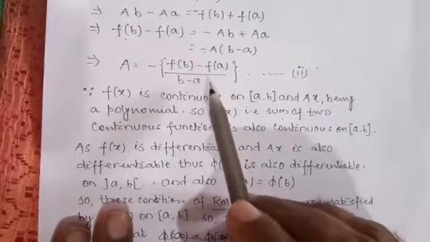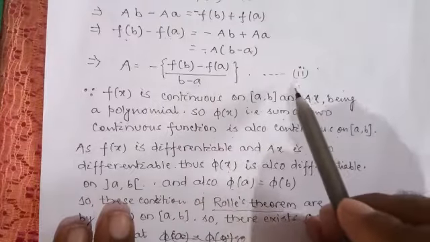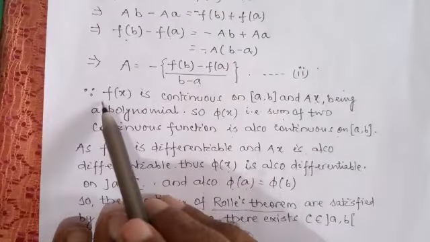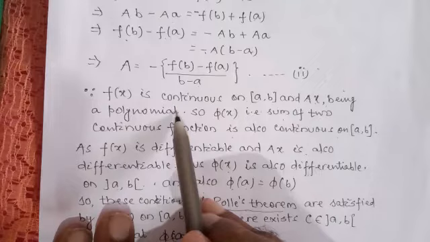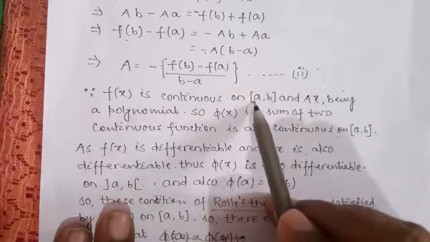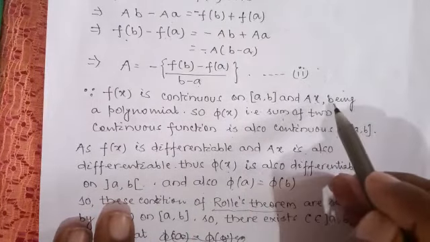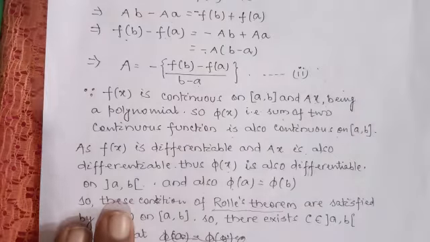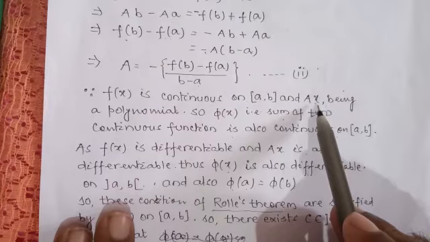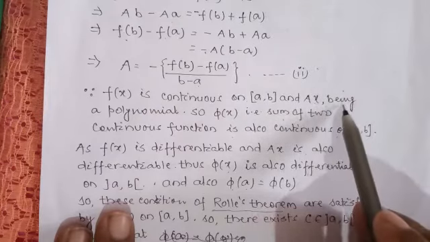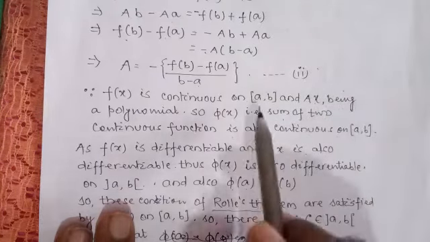After considering equation 2, see, function f(x) is continuous on [a, b], and Ax being a polynomial, f(x) is continuous already given, and every polynomial is continuous, we already know.